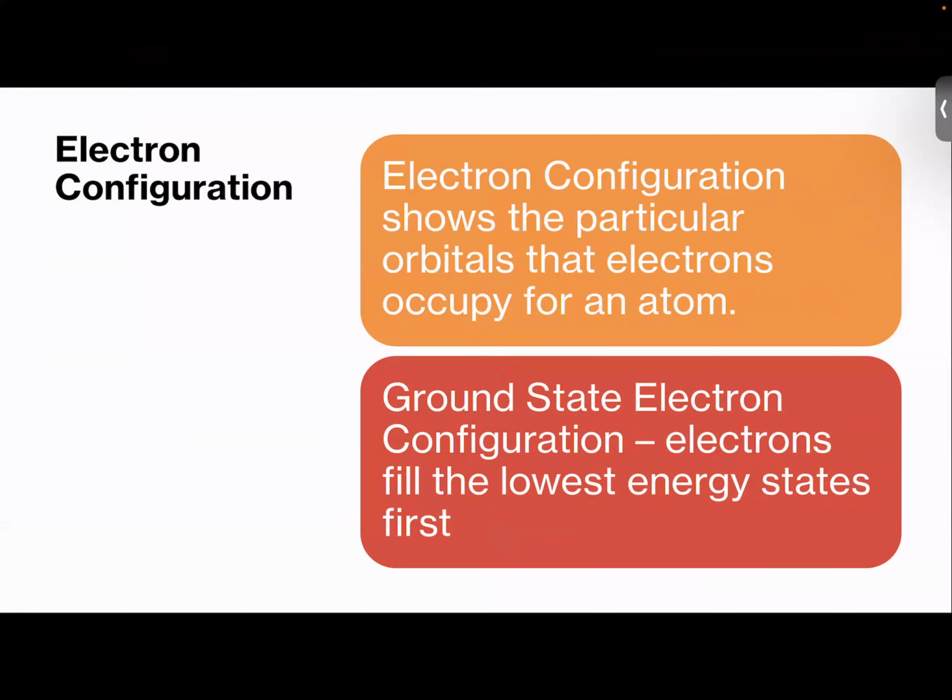It always fills from the shell closest to the nucleus outward, so that the electron is in the lowest energy level possible. Because, folks, energy is the real story behind everything.